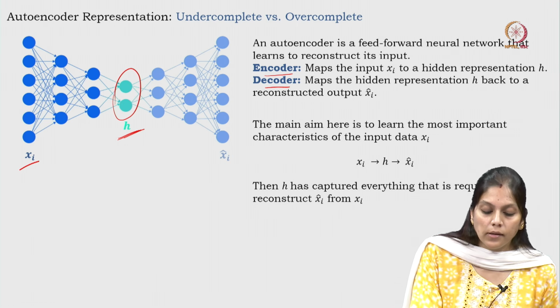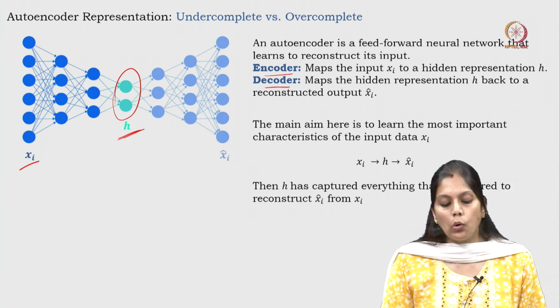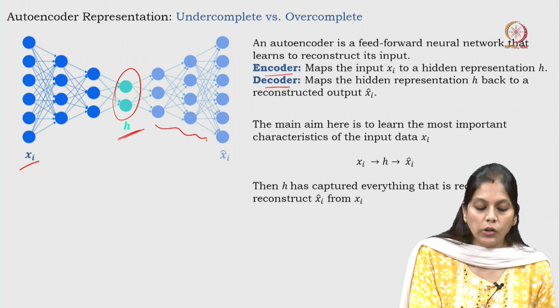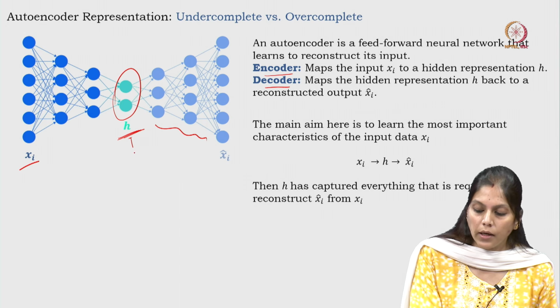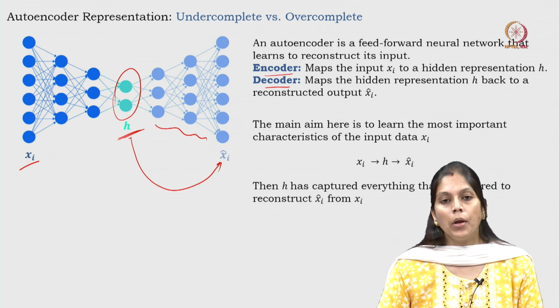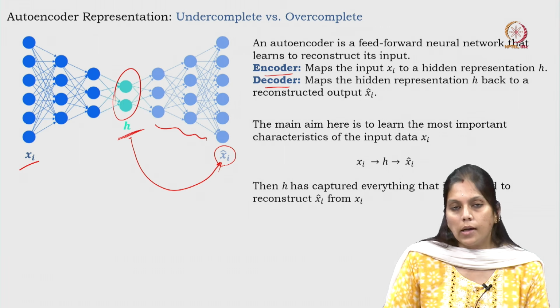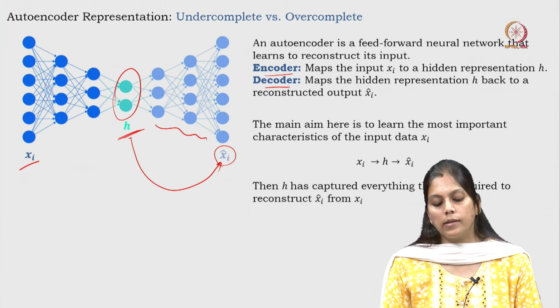Next, this latent code is passed to the decoder. What is the role of the decoder? The decoder has to map the hidden representation H back to X, or since it is a reconstructed one, we call it X hat.